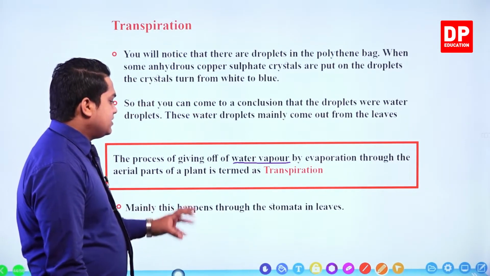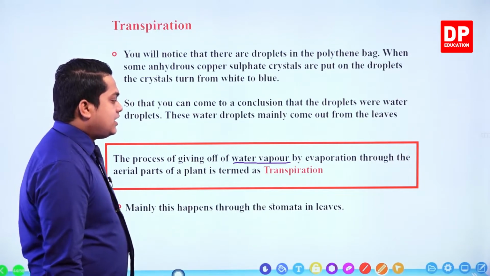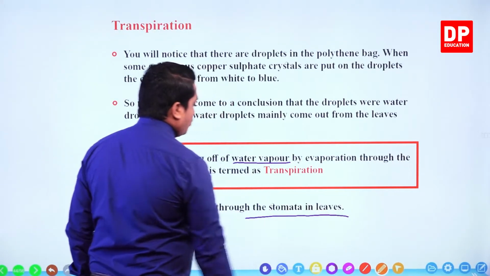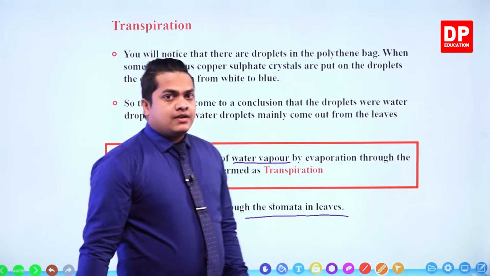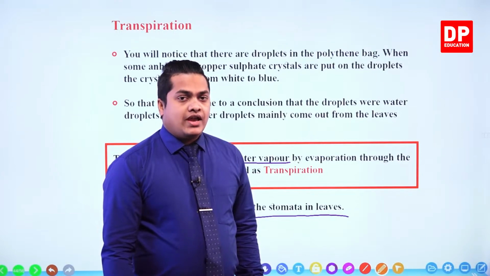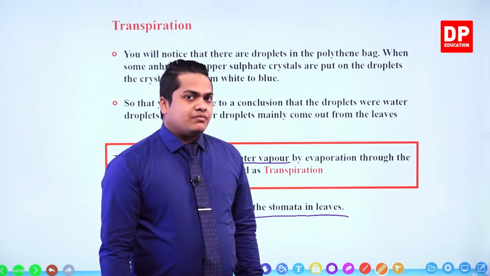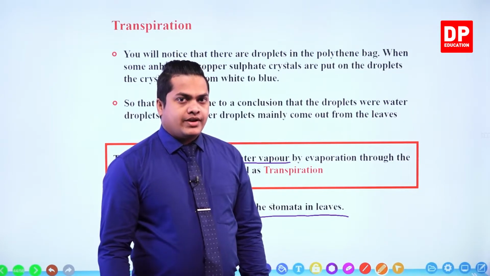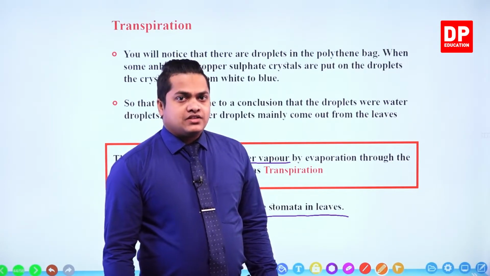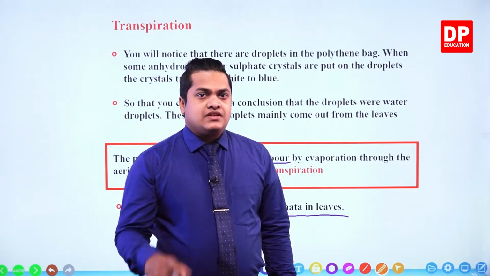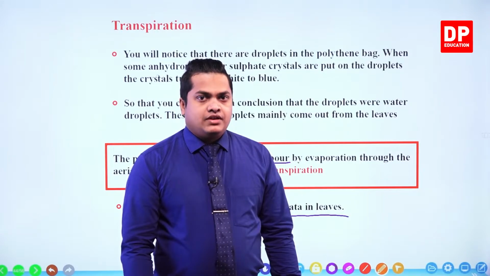Mainly this happens through the stomata in leaves. Stomatal pores are the ones which help in the transpiration process. You know that stomata are special kinds of pores, holes located on the surface of the plant leaf.